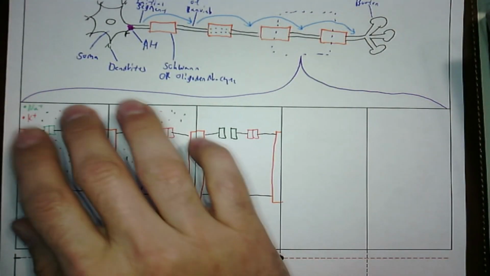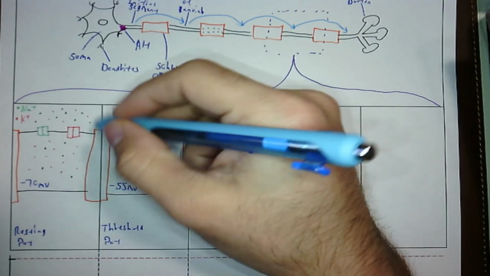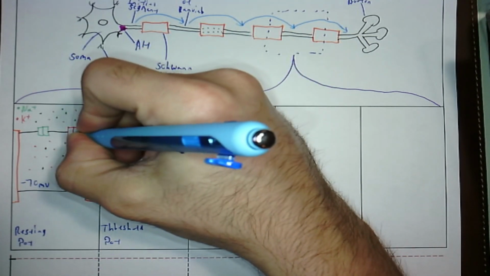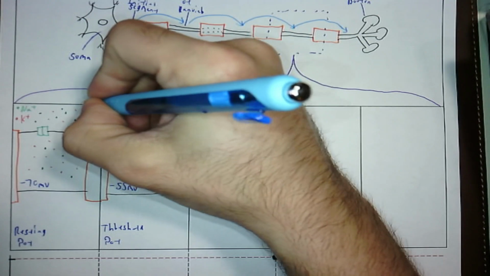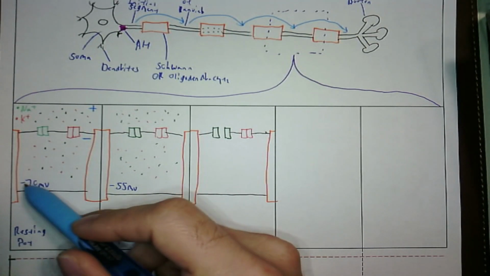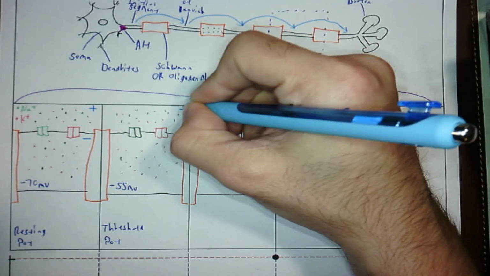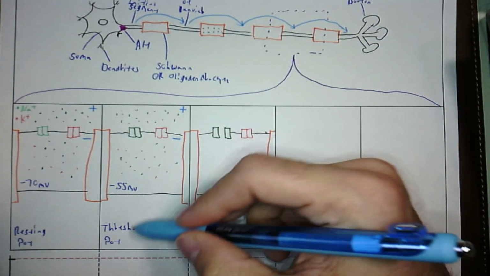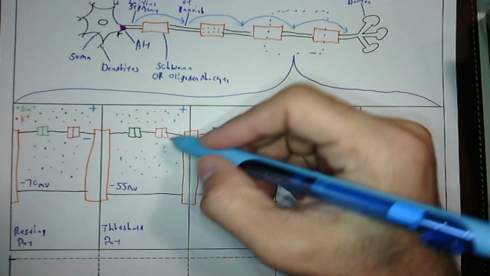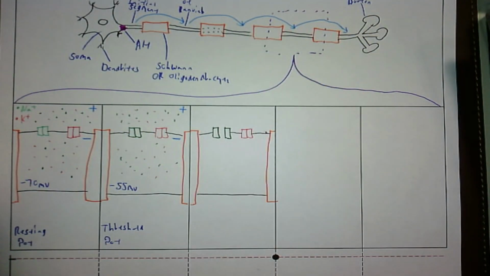We also created an electrical gradient, because the inside of the cell in this panel here is more negative compared to a more positive outside. And we see that just because we have negative 70 millivolts here. The same can be said of this panel here and here, where again, even though we hit threshold, nothing is happening just yet. So the inside of the cell is still more negative relative to a more positive exterior.